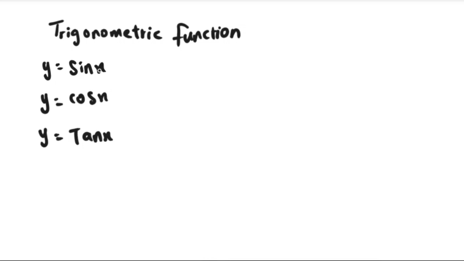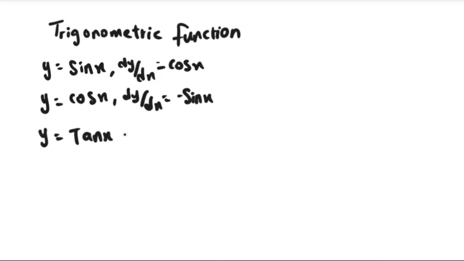So if our y is equal to sine x, dy dx, when you differentiate sine x, you get cos x. When you differentiate cos x, you get minus sine x. When you differentiate tan x, you get sec square x.